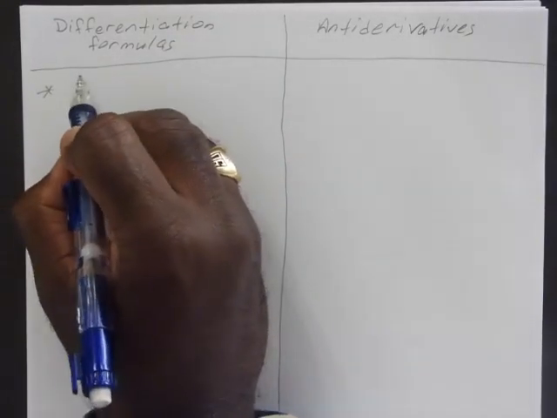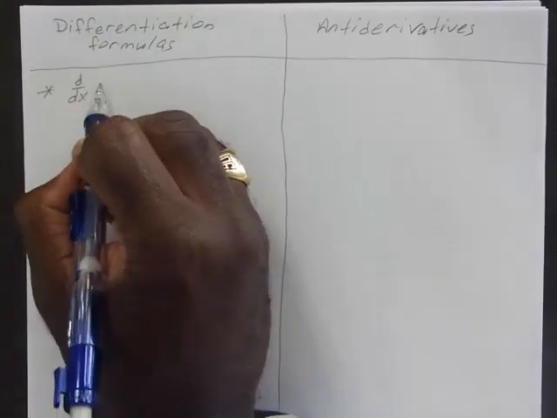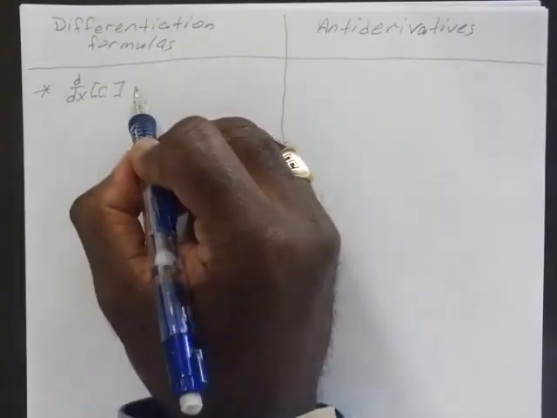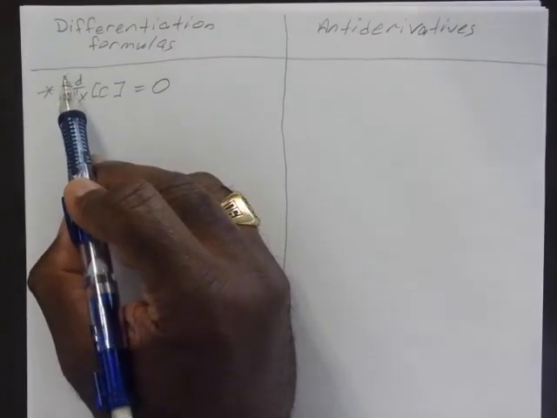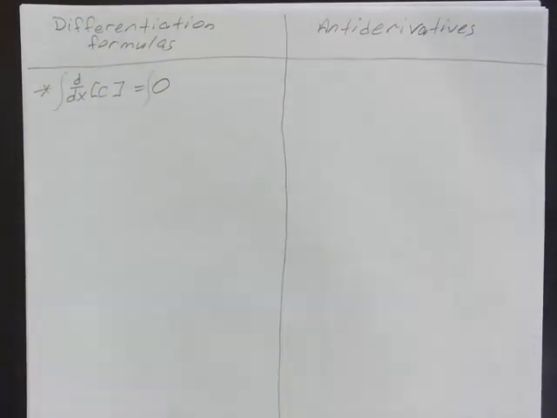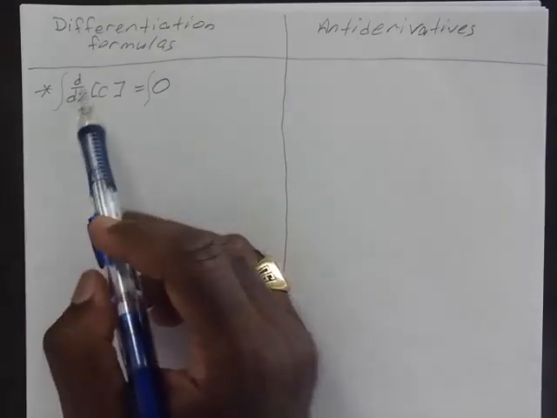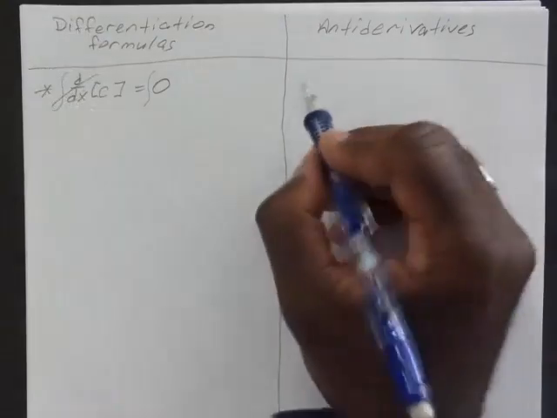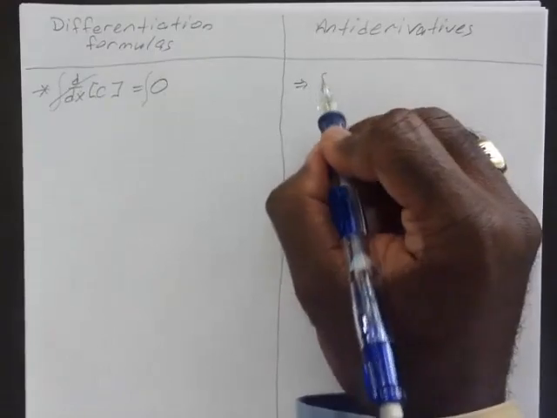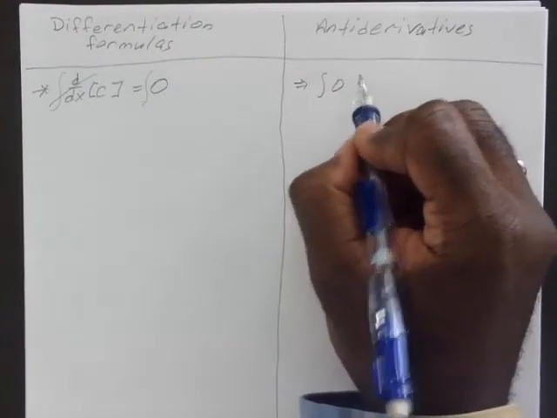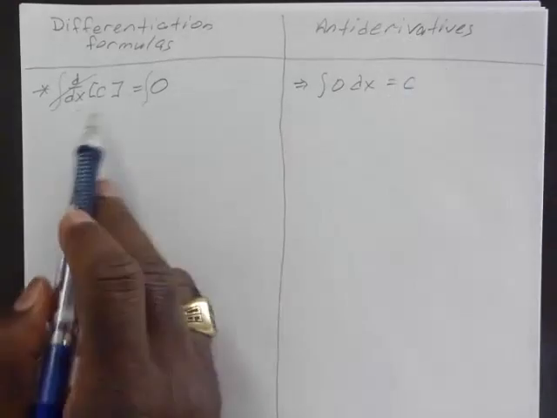Okay, so we already know that the derivative of a constant that we'll call C is equal to 0. So what if we take the antiderivative of both sides? Well, we know the derivative and antiderivative cancel each other out. So we're left with the antiderivative of 0 with respect to x is equal to C.